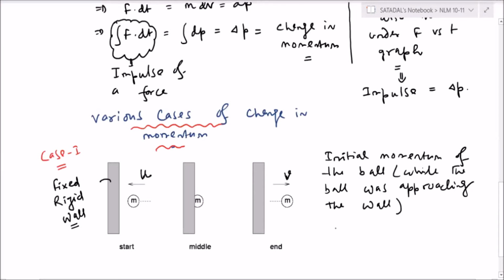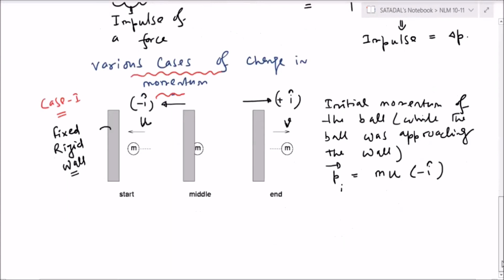So that p_i vector, what can I write? m into u is the magnitude. What is the direction, right? This is minus i cap, no? And this is plus i cap, right? So mu into minus i cap. Is this okay?